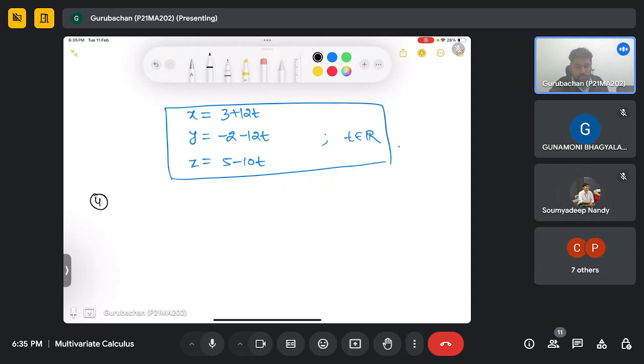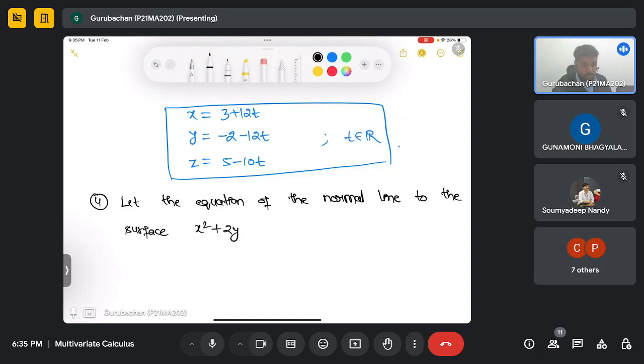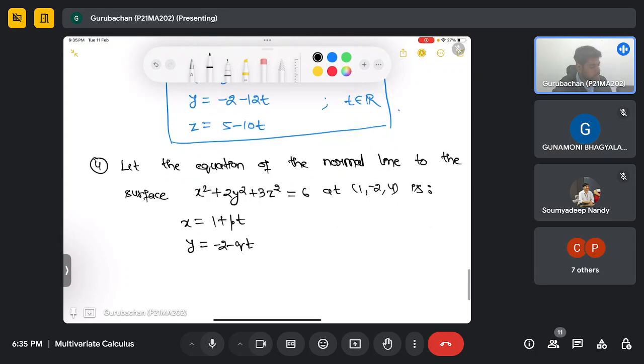So let me go to question number 4. Let the equation of the normal line to the surface x square plus 2 y square plus 3 z square is equal to 6 at 1, minus 2, 4 be x is equal to 1 plus p times t, y is equal to minus 2 minus q times t, and z is equal to minus r plus 24 times t, where this t is any real number.